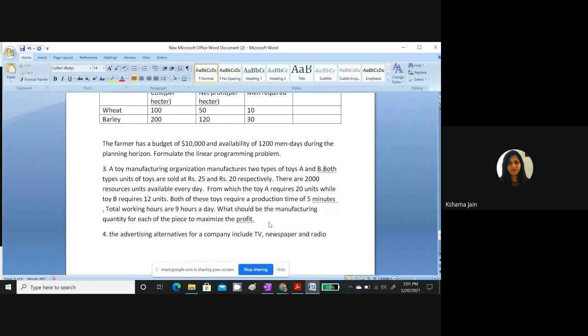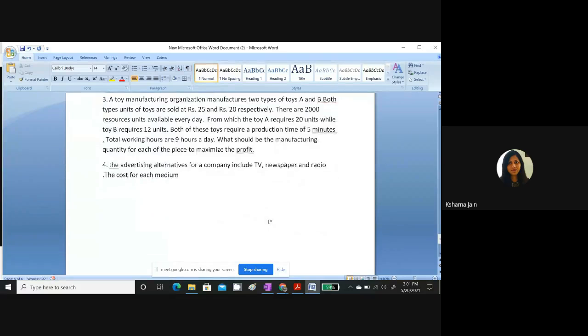The cost for each medium with its audience coverage is given below.